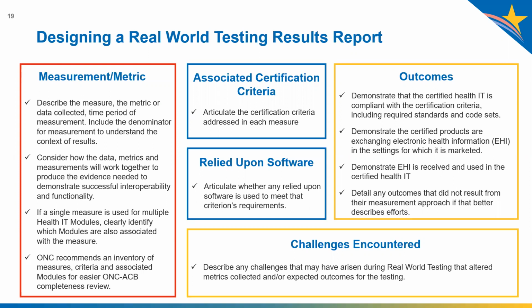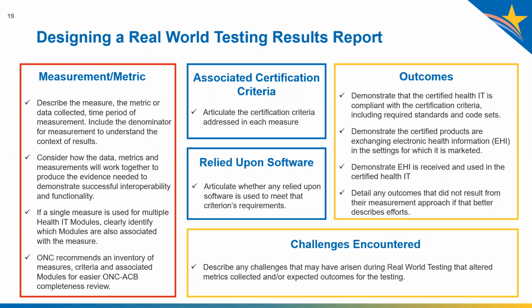Obviously, everyone knows that all of the associated certification criteria, the real world testing applicable certification criteria, has to be touched on. So each criterion in the scope of your certification that is real world testing eligible, you have to sort of speak to every one of them when it comes to these elements, and then the outcomes of those measurements.